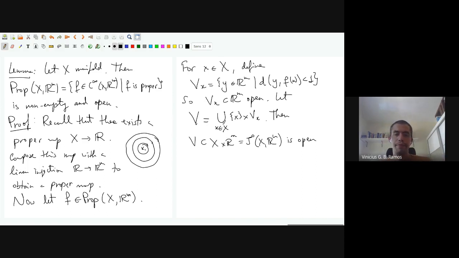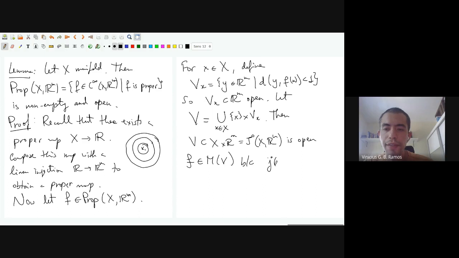All right. And of course, the zero jet of f is in this set. That's because the distance between f of x and f of x is 0.